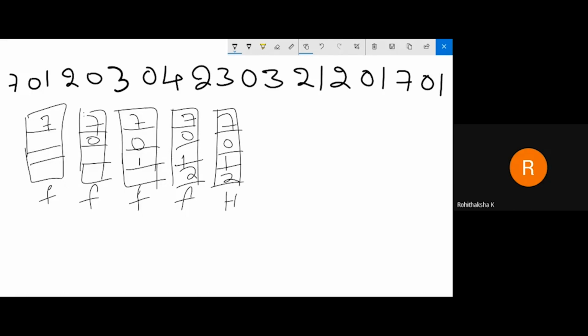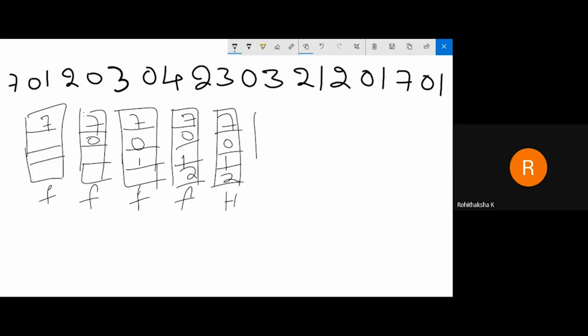The next thing I have to consider here is 3. Whether the page number 3 is there in the frame, no. Whenever that particular page is not there in the frame, we have to use the first in first out page replacement algorithm. The first page number that was loaded into the memory was 7. So we have to replace the 7 with the new page number, that is 3.